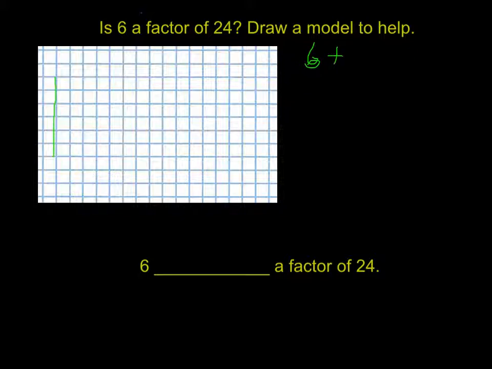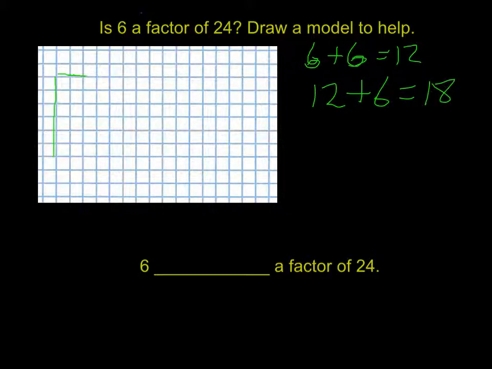We know that 6 plus 6 equals 12. So we put one group of 6 there and another group of 6 there. That's going to give us 12. If we take our 12 and add another 6, that's going to give us 18.